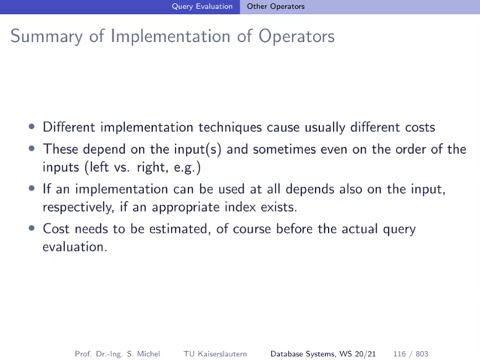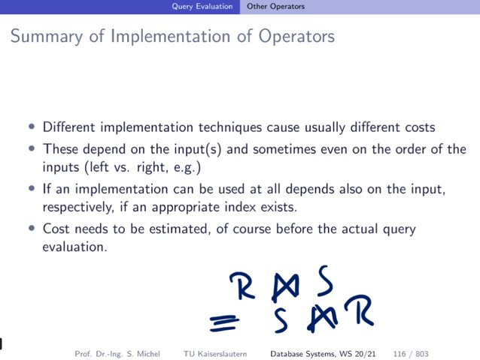So the decision, should we take this implementation or this, comes at a different cost. So runtimes are different. And sometimes it even matters whether we have R join S or S join R. Result-wise, these are identical, but for the cost, this might not be the case.